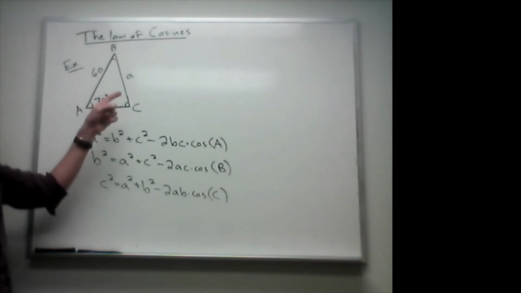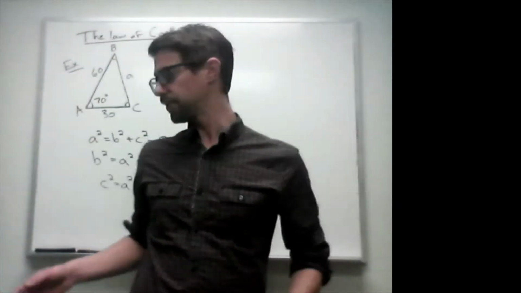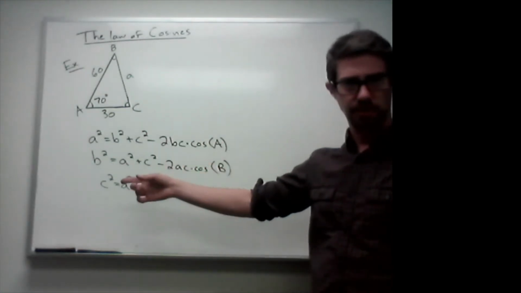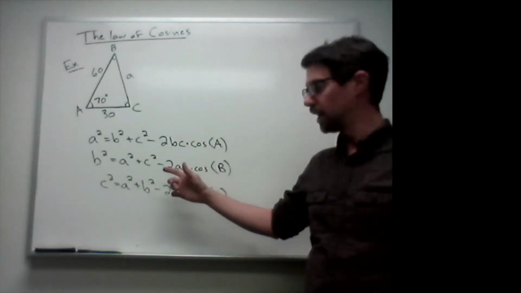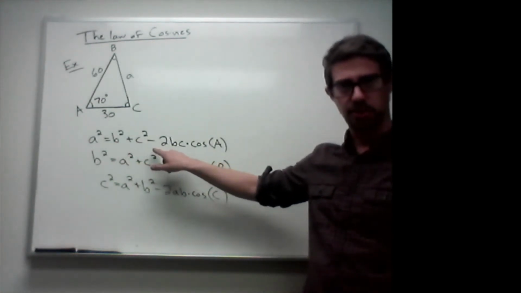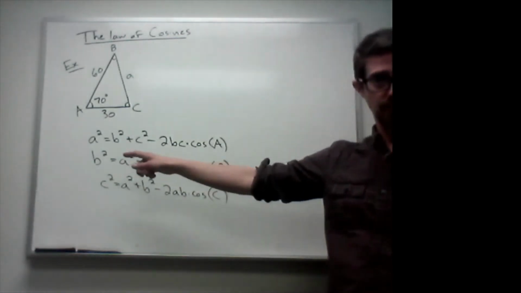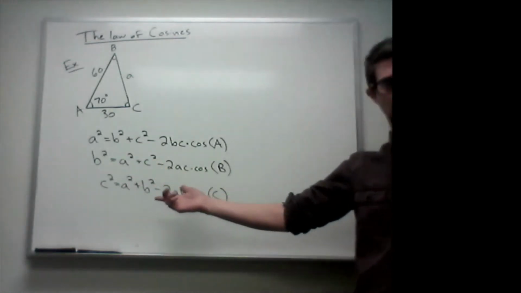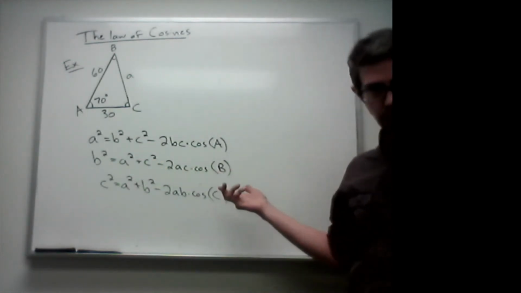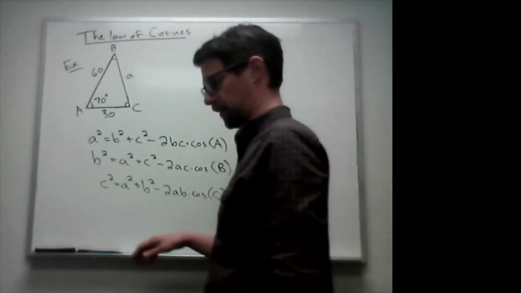Since side a is unknown, we have to use this first version. They're all three the same formula. If we labeled the triangle differently, we'd just be using some other formula. But they always say, you add the squares of the other two sides, and then you subtract 2 times the other two sides times the cosine of the corresponding angle of the side that you're trying to find. To me, this is even easier to use than the law of sines because it is just a big formula. There's not much algebra involved.